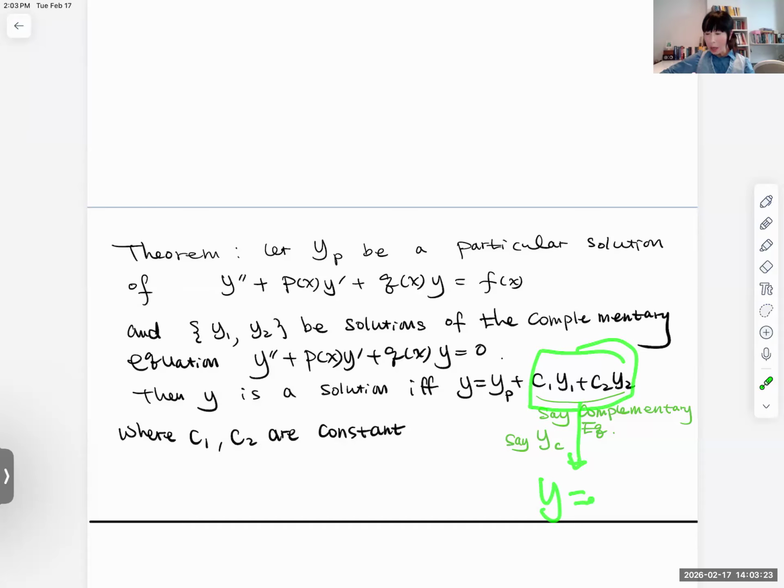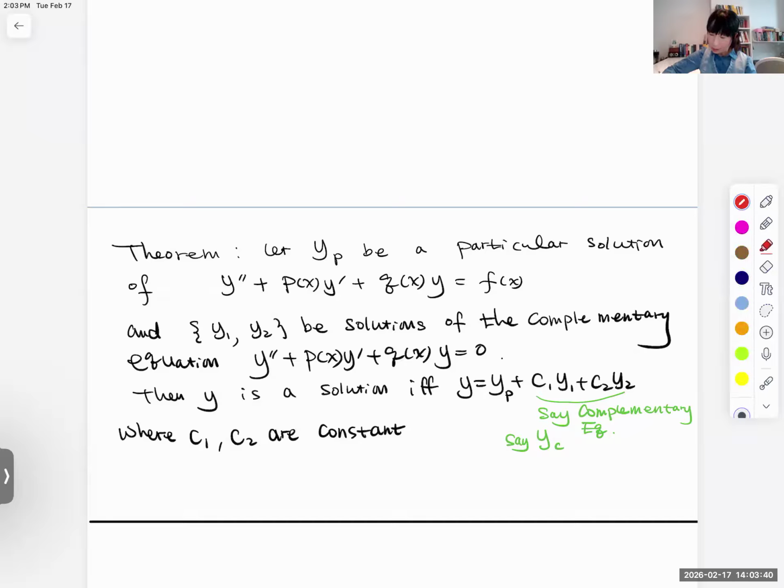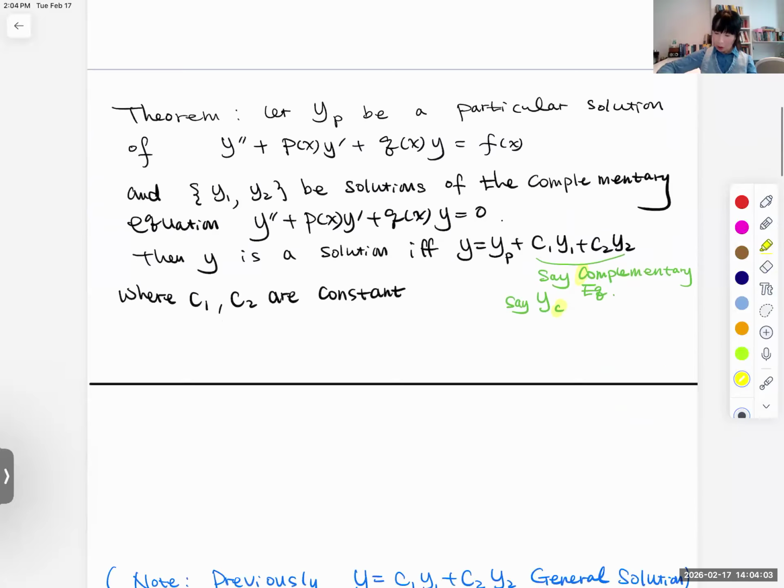Now this part will be the complementary solution, and I want to denote it y sub c, first letter from the c. Make sense? For the particular solution we use the first letter p, so y sub p, and for the complementary solution we use the first letter c, so y sub c. Make sense?